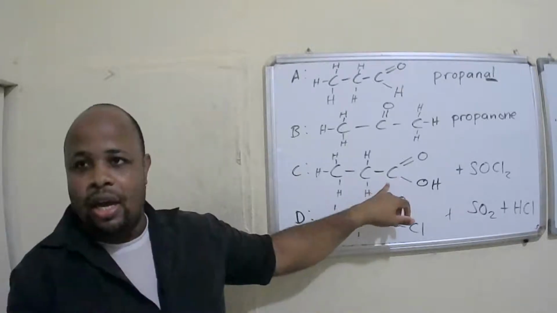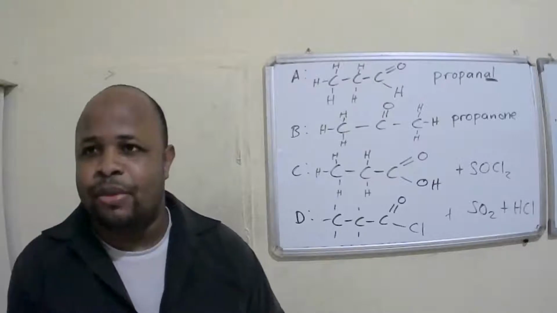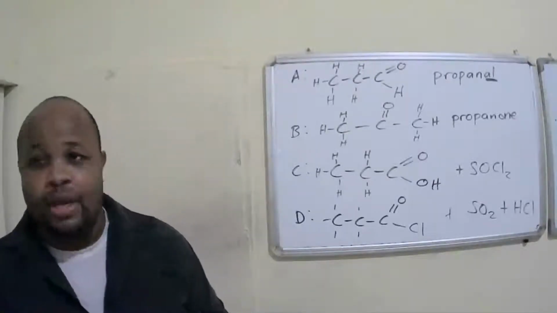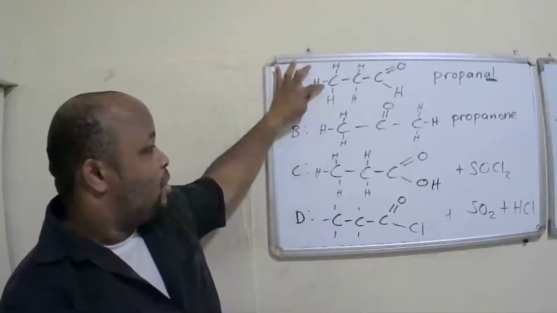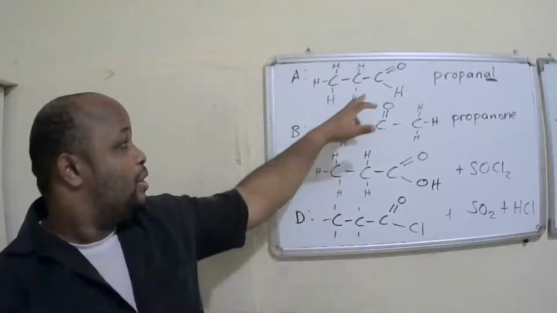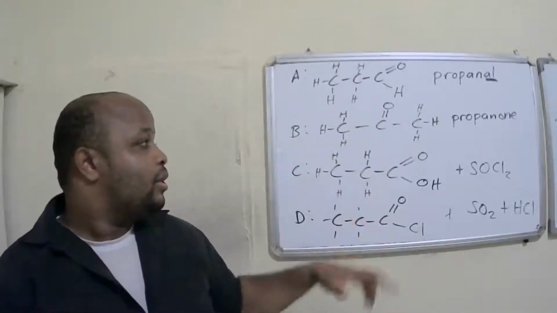Part C: state the type of isomerism exhibited by A and B. Both of them have the same molecular formula, but the functional group is different.